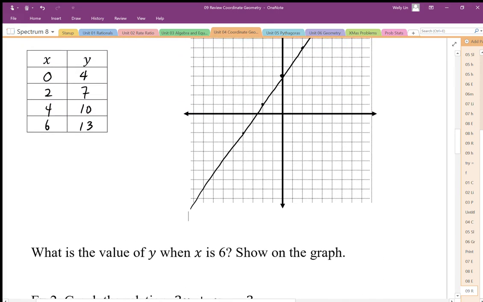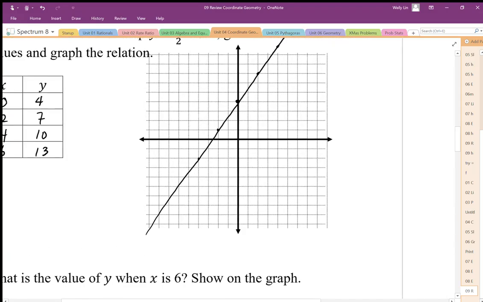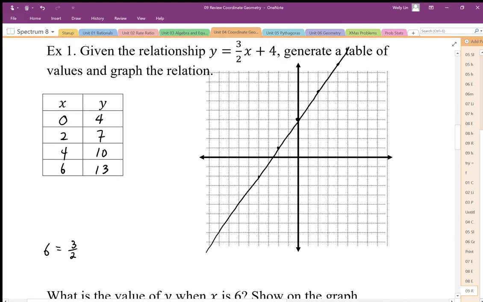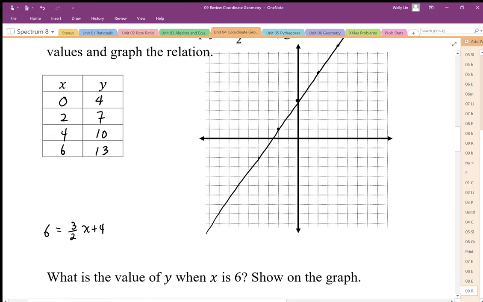So what is the value of x when y is 6? Well, I can see it's kind of off my graph, so what I'm going to do is just plug it in, because if I have a coordinate, I know it has to fit into my equation. So y equals 3 over 2 x plus 4. I can actually solve for x. So I end up with 2 equals 3 over 2 x.